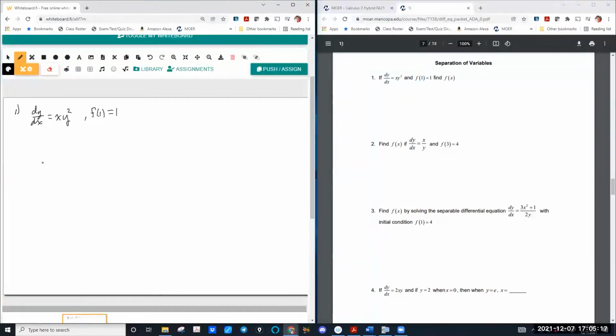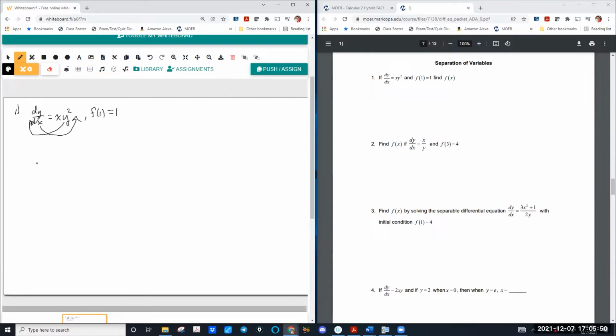All right, so basically what's happening with separation of variables is we're separating the 2 variables to each side, and then we'll anti-differentiate both sides. Whatever is on top here on the left, that's what's going on the left. Whatever's on bottom here on the left goes to the right. So basically, I'm taking this piece and moving it over here via multiplication, taking this guy here, moving it here via division, okay?